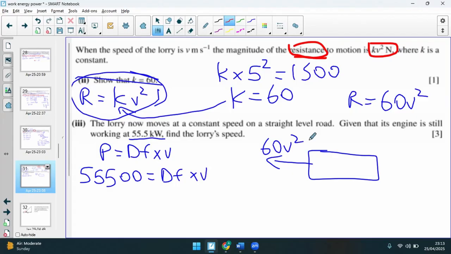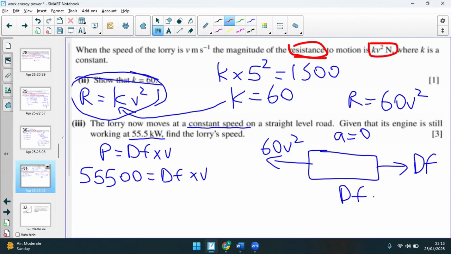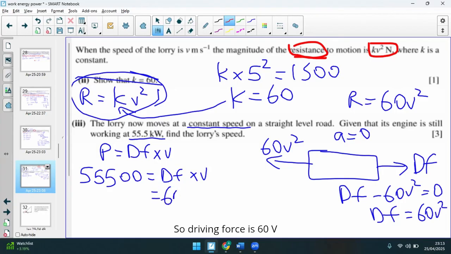Now, because it's constant speed, that means A is equal to 0. So your driving force will be 60 V square, right? Because right minus left equals 0. Driving force equals 60 V square. So driving force is 60 V square times V. So that gives you 60 V cubed.